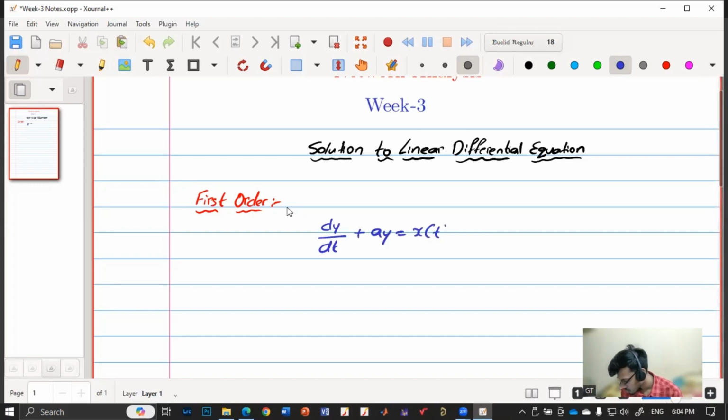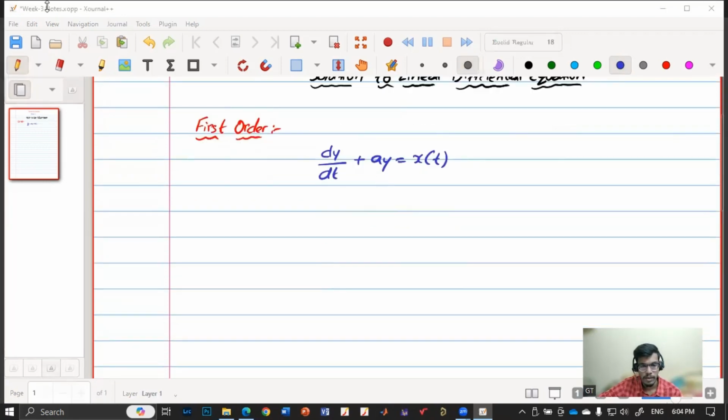So you tell me how to solve this kind of expression. How to start with this kind of problems? Sir, first write the characteristic equation. Okay. m plus a equal to 0, so m equal to minus a.